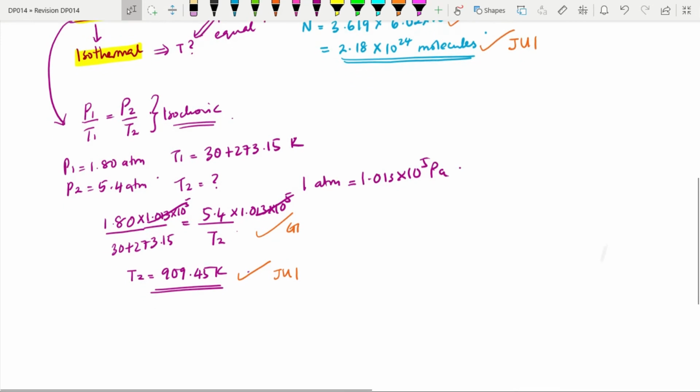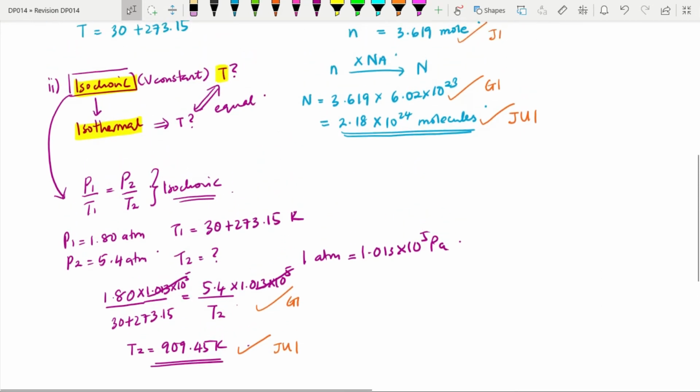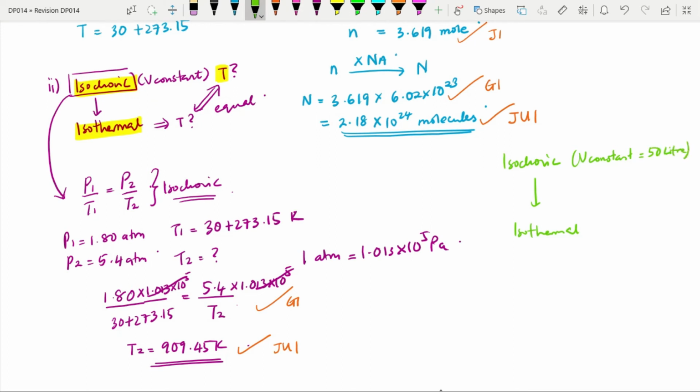Initially volume kita adalah 50 liter untuk isochoric, lepas tu isothermal. Isochoric V constant bermaksud volume asal tak berubah. 50 liter, tak berubah lah.